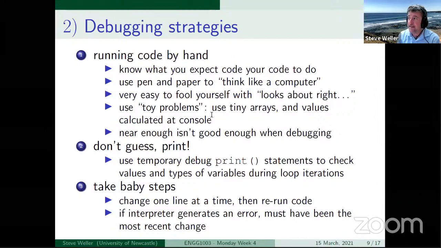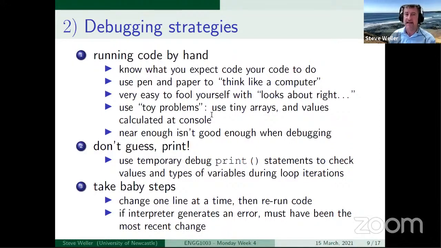Now, sometimes that debugging process can be really complicated because there are factors beyond your control that you don't know of in advance, and that makes debugging difficult. But with the sort of code that you're writing here, if you work with tiny little problems that I've called toy problems, small problems, and arrays with values you've calculated using the console, for example, it's possible to debug programs.